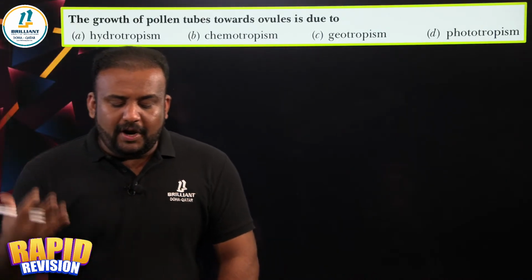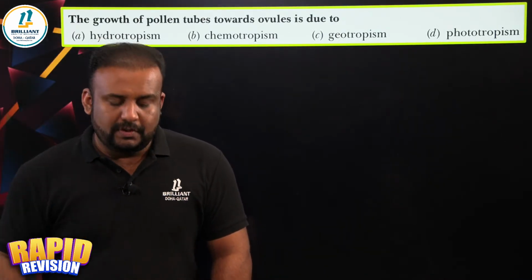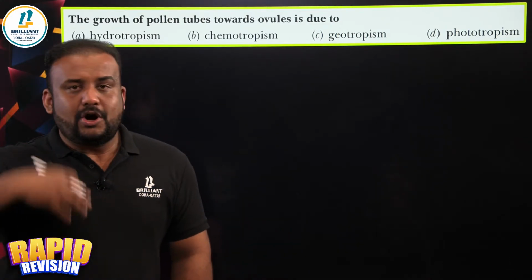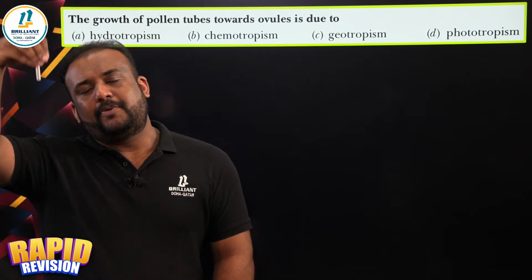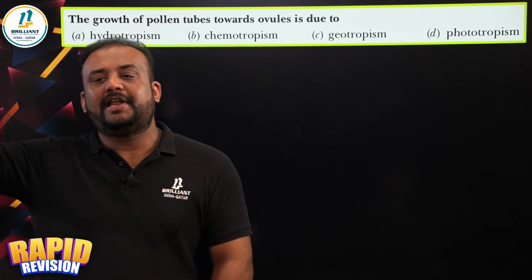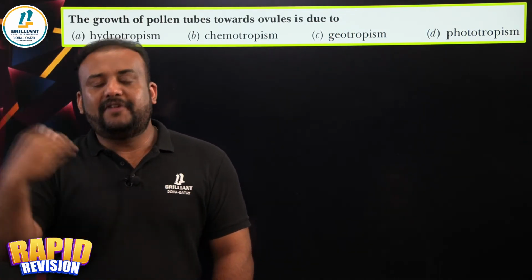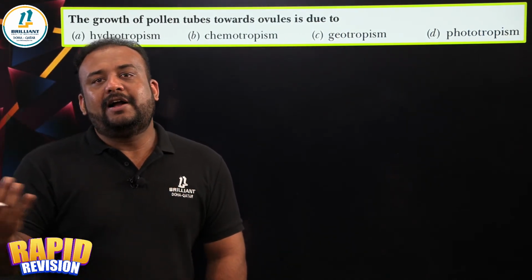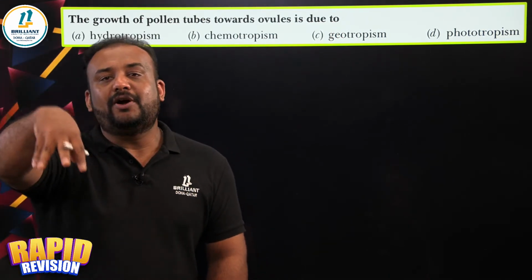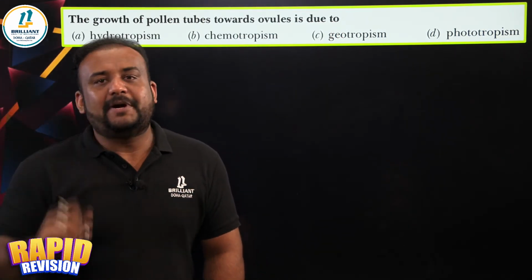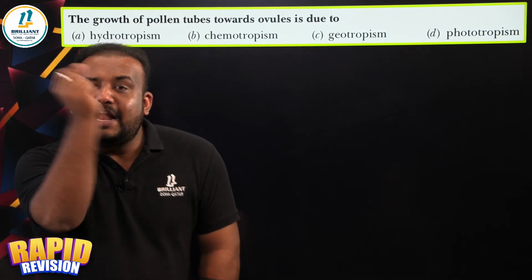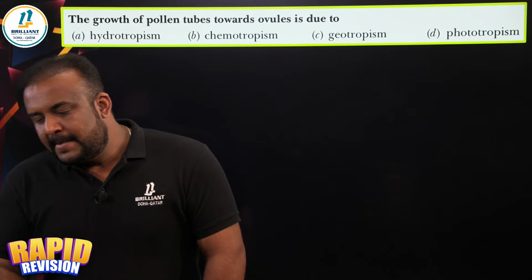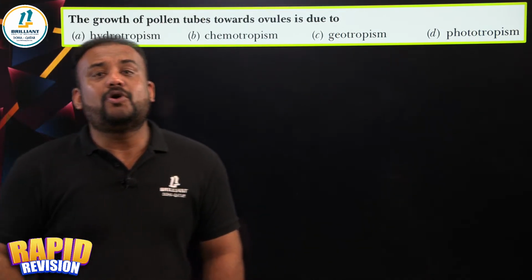Next, the growth of pollen tube towards ovules is due to, come on, what causes the pollen tube growth? When the pollen grains deposit on the stigma after pollination, how do they grow into the ovule? How do you think that different plants' pollen grains fall onto the stigma of one particular species, and only that particular species' pollen grains grow into the ovary? Yes, it is because of chemotropism.